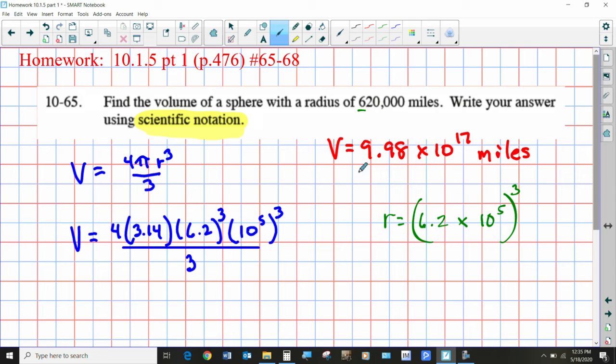And then, of course, you've got your 4/3, which in this particular situation probably is going to be better for you to just treat the 4 and the pi and the r cubed in the numerator together. So you could actually solve this and then divide by 3.